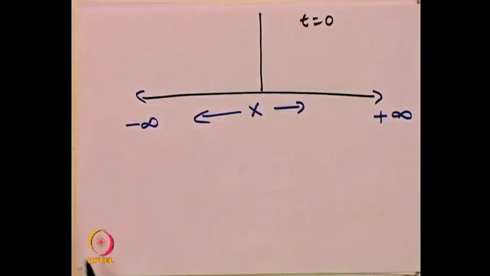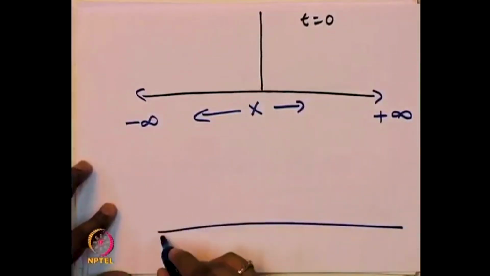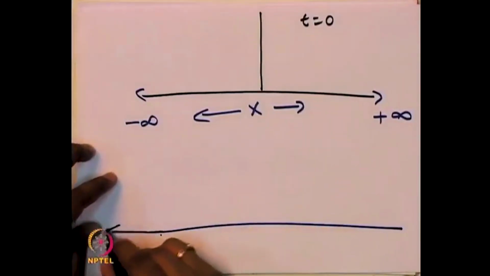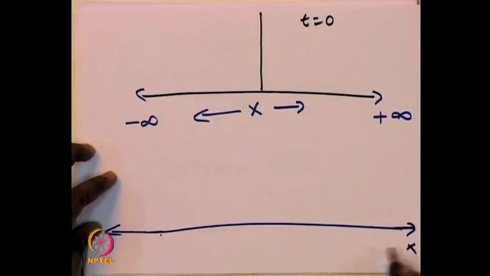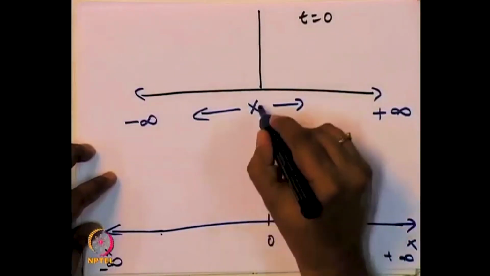Now as time went on, if you take this x axis, this is minus infinity, this is plus infinity, and this is 0.